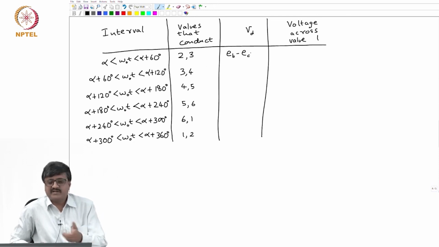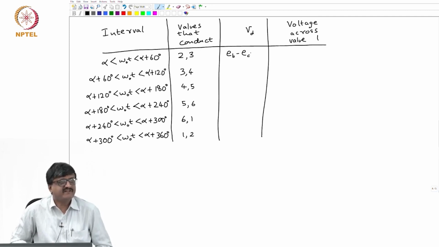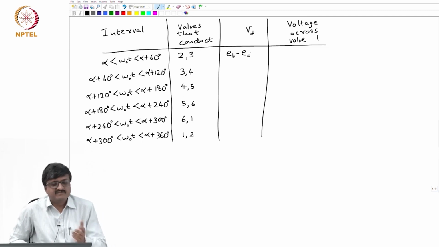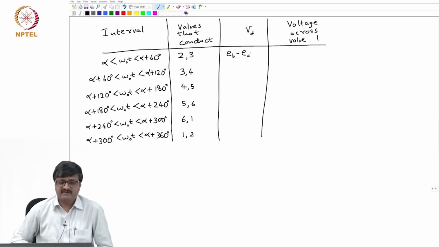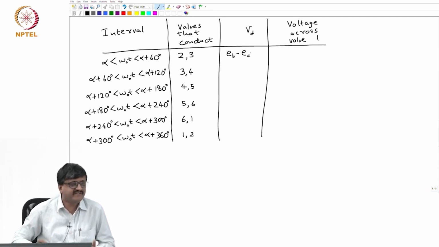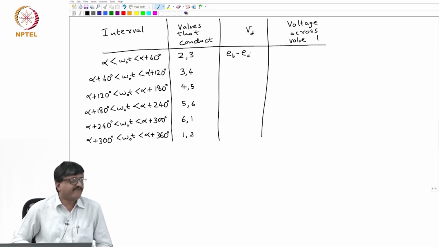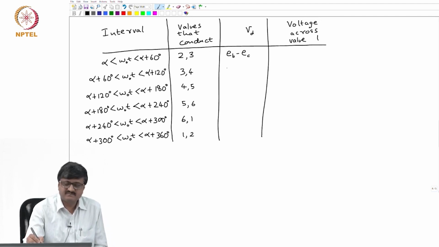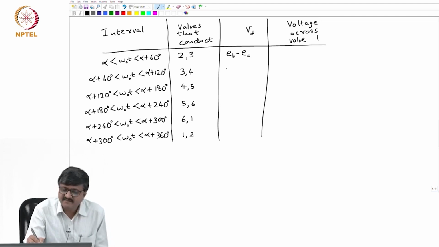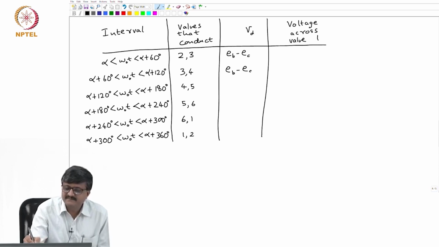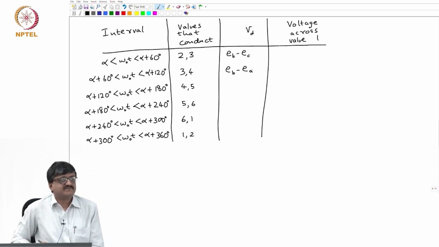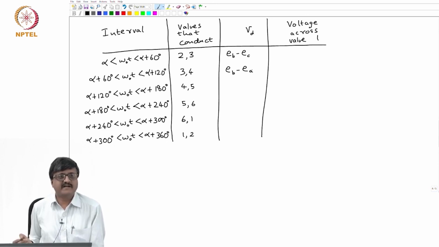So, looking at the circuit diagram, we can say what the expression for VD is, because based on the thyristor valves that conduct, they are acting as short circuits. So, you can easily get the expression for VD in terms of EA, EB and EC. When 3 and 4 conduct, EB minus EA. The valves that conduct are acting as short circuits.